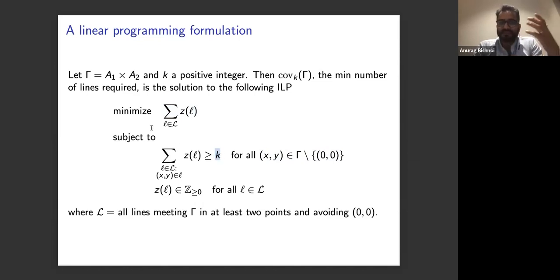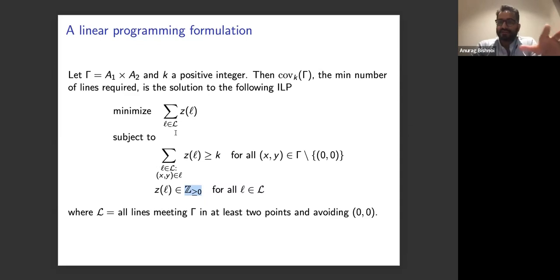Okay, so it's a very natural integer linear program. And now what you can do is you can, for example, divide all of these equations by k. So replace z of L by some u of L, which is z of L divided by k. Then you can do a linear programming relaxation. So you can ignore this condition of them being integers, just think of them as real numbers. Try to solve that linear program. And that gives you lower bounds on your integer linear program.